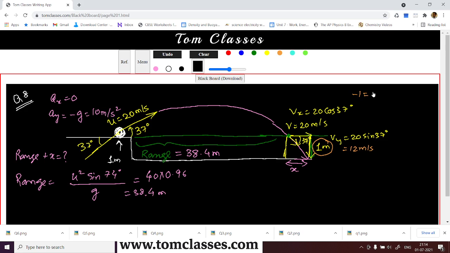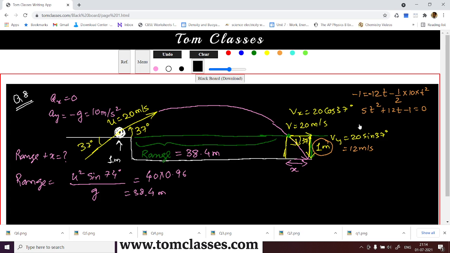So it is going to be minus 1 is equal to 12 t, where t is the time for this journey, minus half g t square. With g as 10, that is minus 5t square. So this will be 5t square plus 12t minus 1 equal to 0. So what is the time?